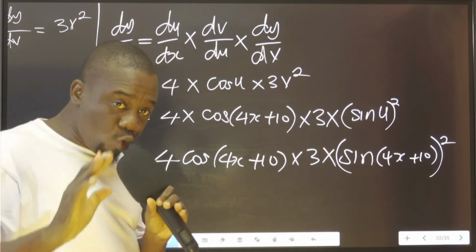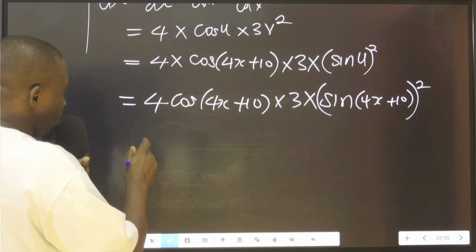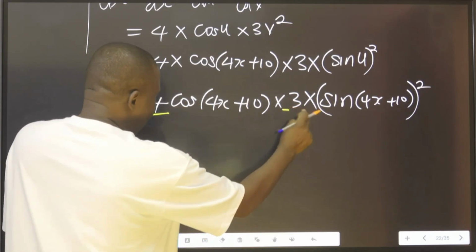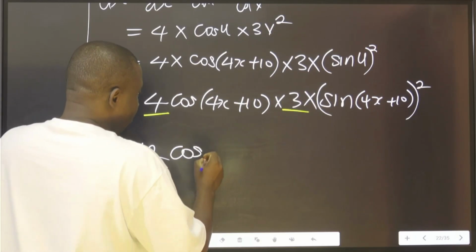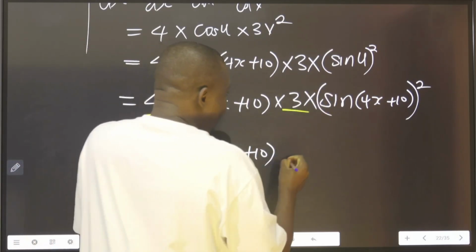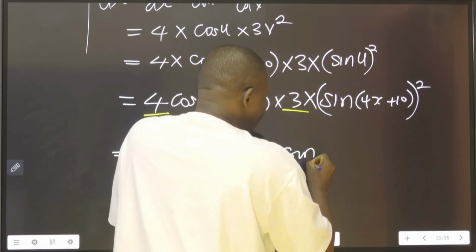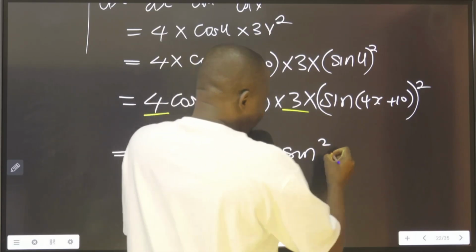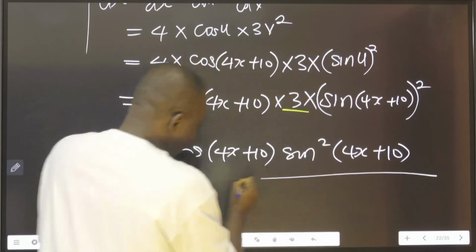Now we can use basic arithmetic to simplify this. 4 multiplied by 3 is 12. Then we have cos(4x + 10). Then we have sine squared; remember, this can also be expressed as sine with a 2 put before the (4x + 10). This is the final answer.